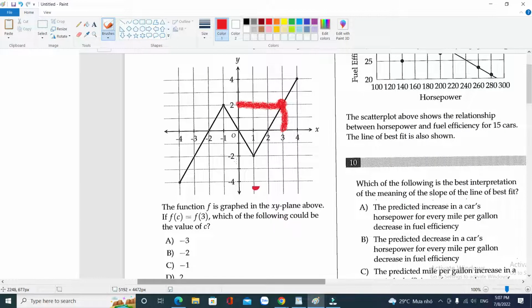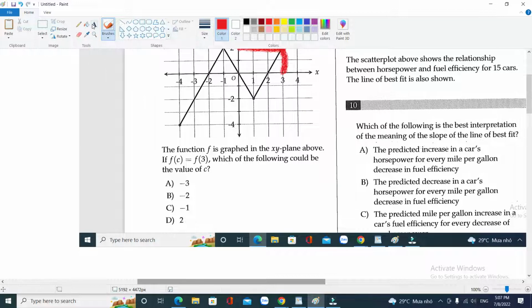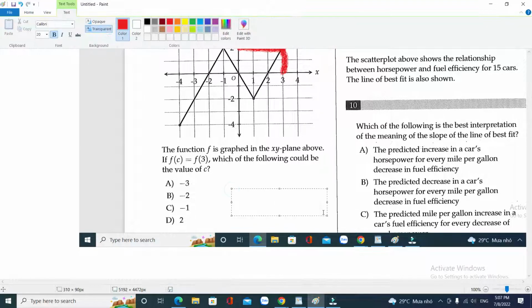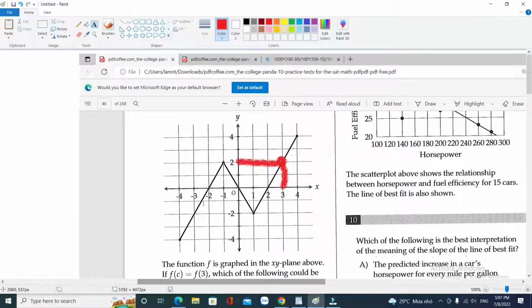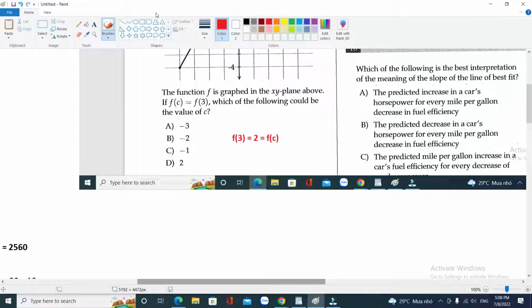We just have to find out which value other than 3 gives 2. Which value gives 2 is actually negative 1 here, right? That gives 2, so c is equal to negative 1.